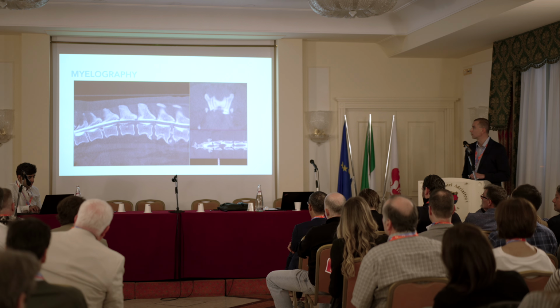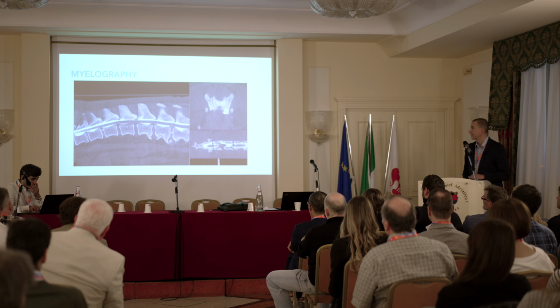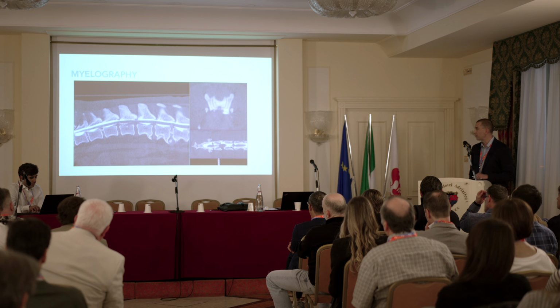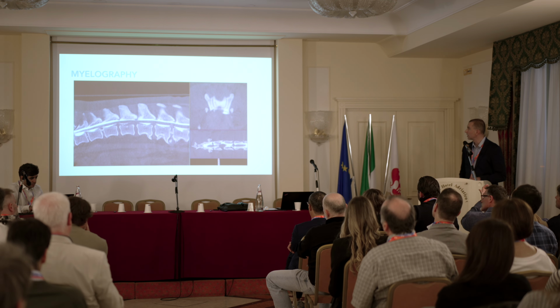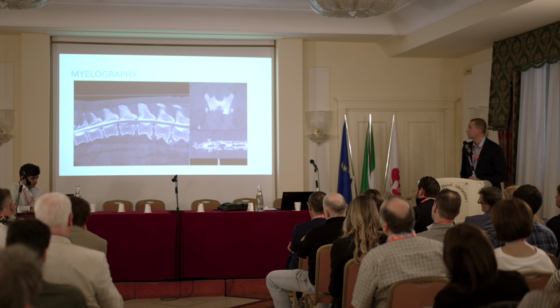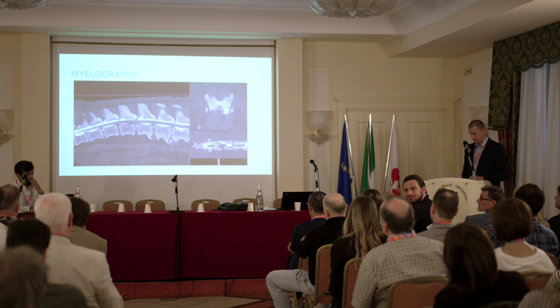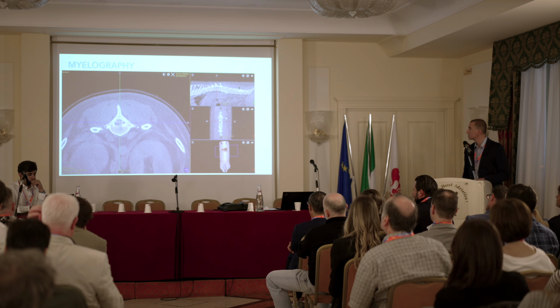The problem was also the ventral compression of the spine channel, and this dog was hemiparetic, but was paretic, and you can see the large mass here. So also ventral compression, and it's a little bit also right-sided.